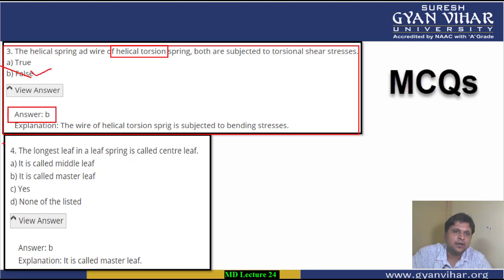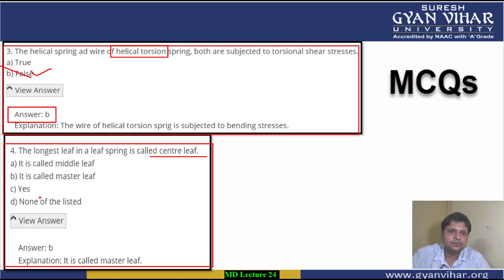Coming to MCQ number 4, the longest leaf of a leaf spring is called center leaf. Is it correct? No. I will go deep into this discussion. This longest leaf is not known as the center leaf, it is known as the master leaf. So B is the correct option.